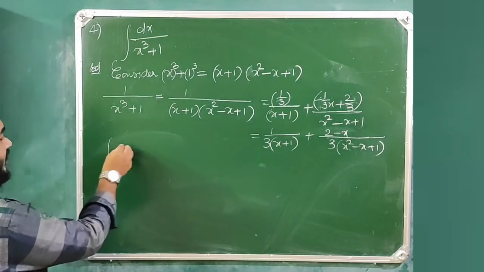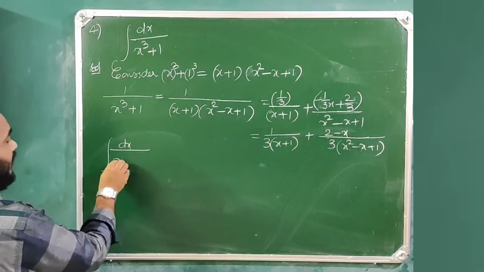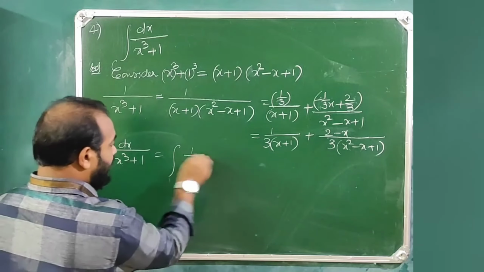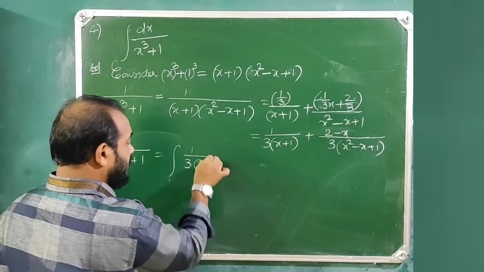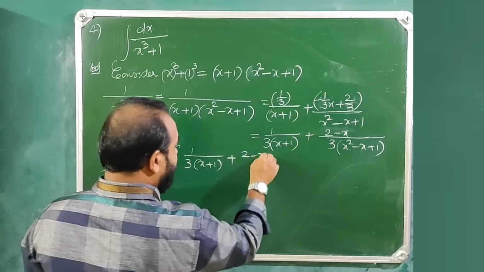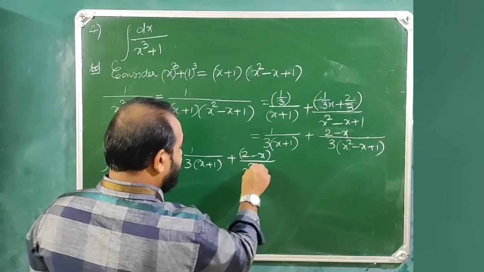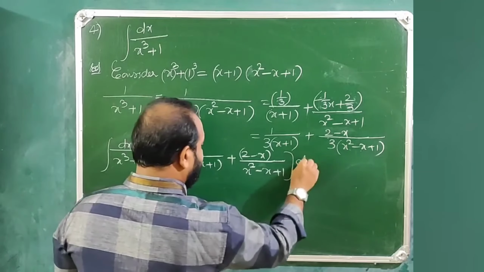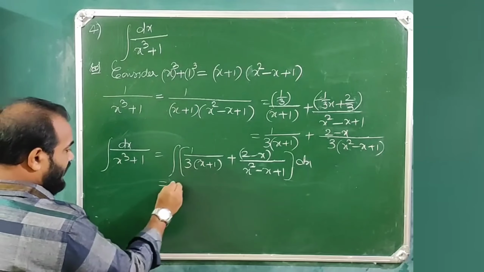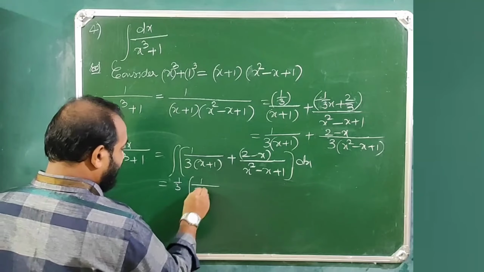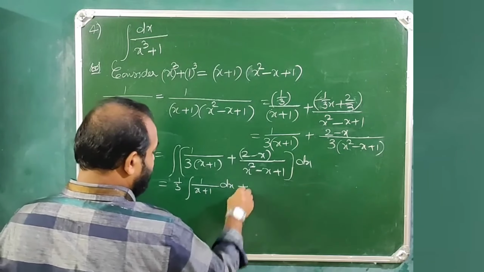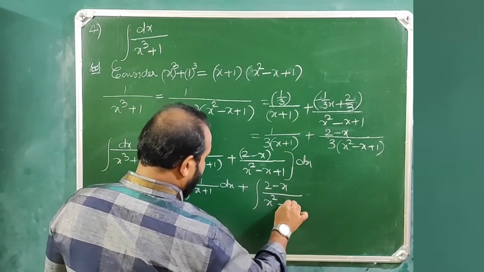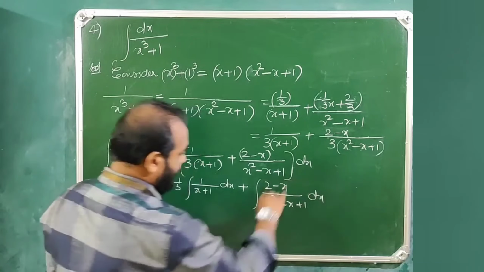So now let us integrate. Integral of dx by x cube plus 1 is equal to the integral of 1 by 3 into x plus 1 plus 2 minus x by x square minus x plus 1, whole dx. So this is 1 by 3 into integral of 1 by x plus 1 dx plus integral of 2 minus x by x square minus x plus 1 dx.